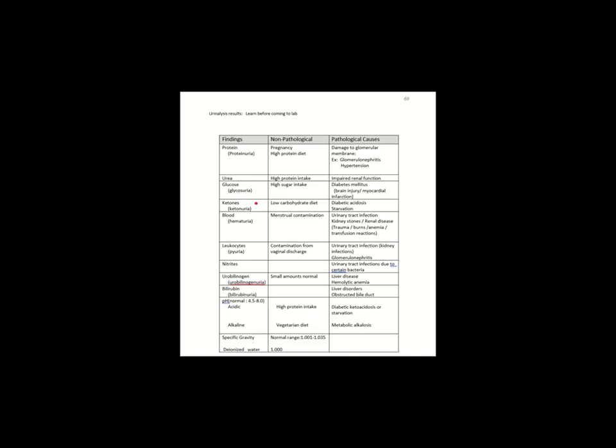We may find ketones in the urine, ketonuria. This could be the result of a low carbohydrate diet. If you're not eating enough carbohydrates, then your body might resort to breaking down fats or even muscle, and we can see ketones building up in the blood.